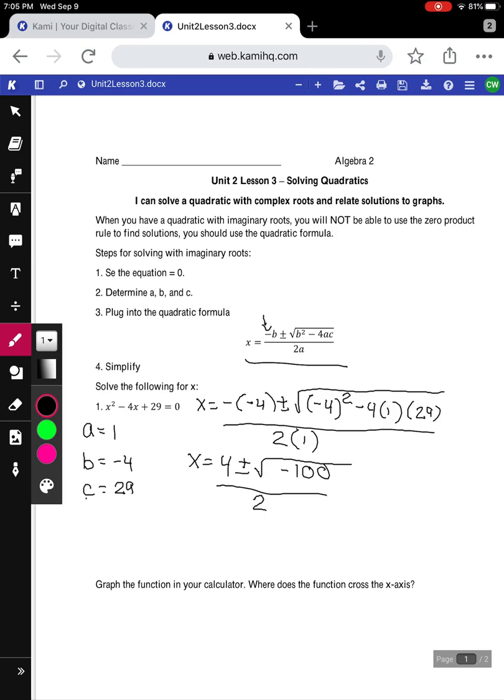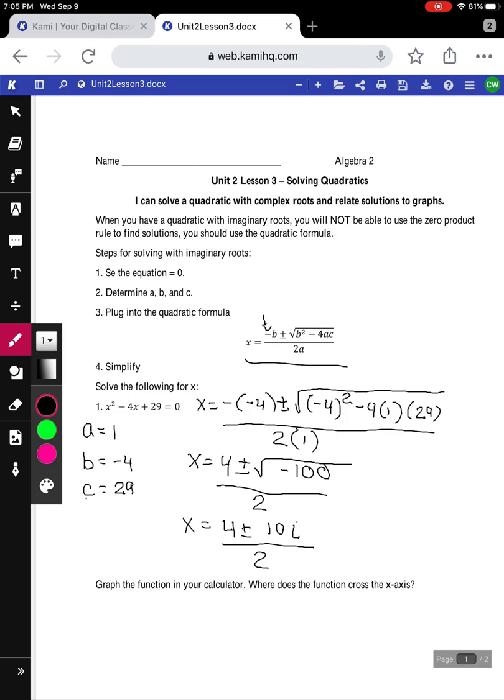So what you can do is have your x equals 4 plus or minus, still over 2. Take the negative out, and remember, that negative gives you an i. Then put the square root of 100 into your calculator. So take out the negative, you've already dealt with that with the i. Square root of 100 gives you 10. That works out well.